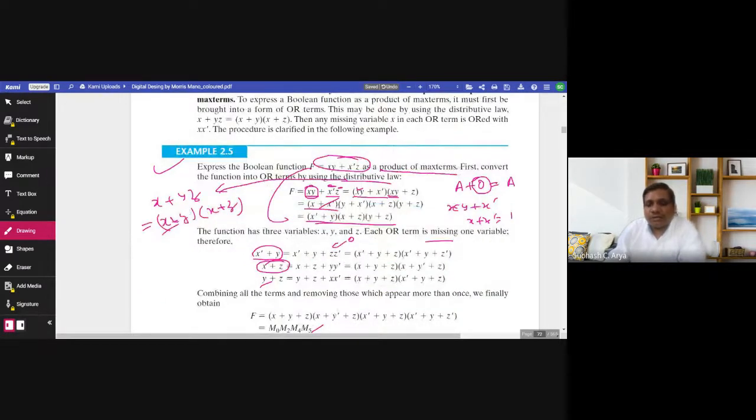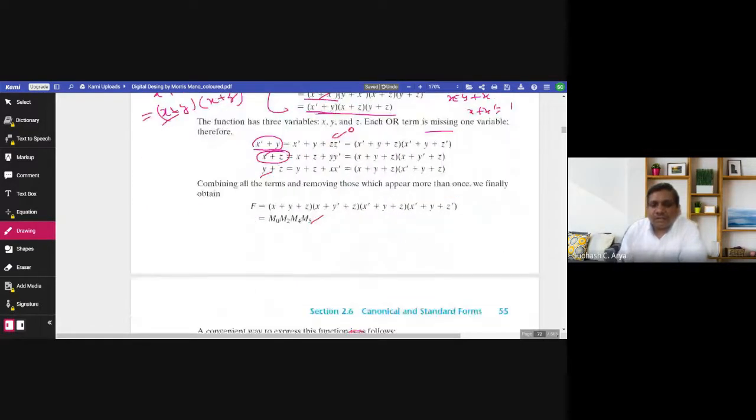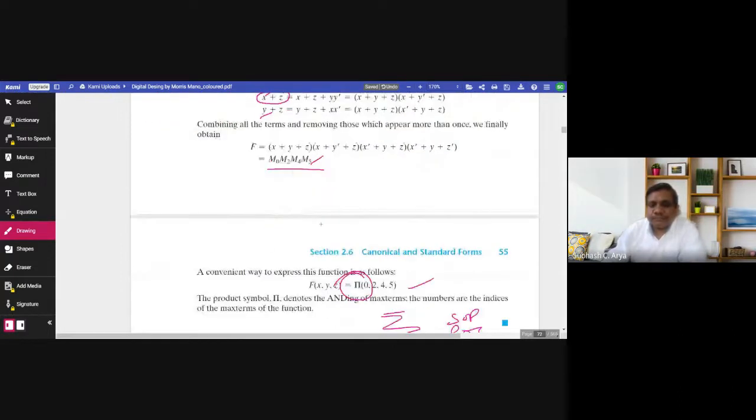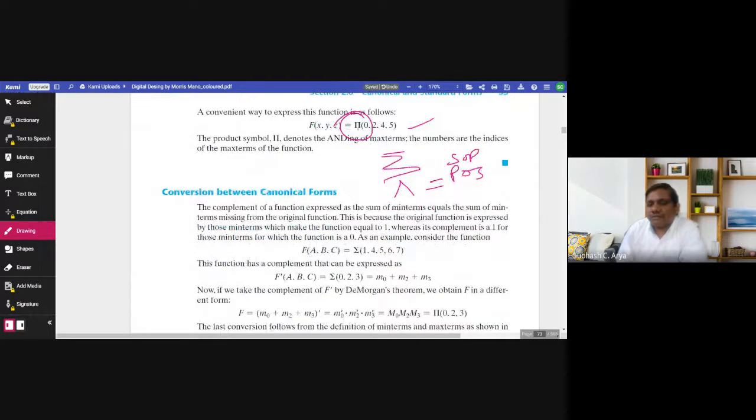Given function f is equal to xy plus x bar z, express it as a product of max terms. The final answer was that f is equal to M0, M2, M4, M5. And how to represent max terms? We use the symbol pi for POS, product of sum, and for SOP we use the summation symbol to express min terms, and pi is used to express max terms.